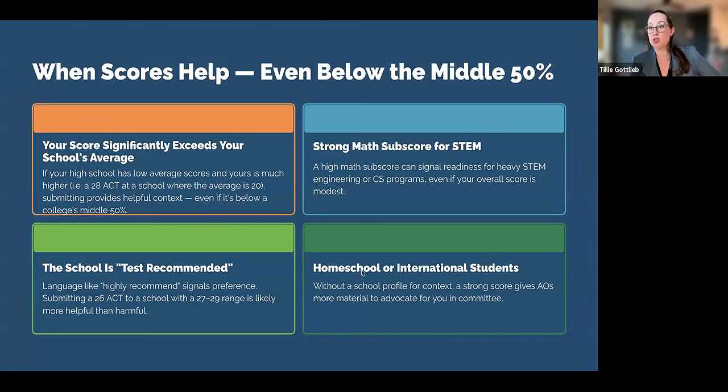So talk to your counselor, or even email an admission officer, right? Sometimes they'll be very straightforward with you about whether or not they recommend it, but look at all the data, and if it is strong and you're coming from one of those contexts, those scores can really help alleviate any concerns that the AO might have.